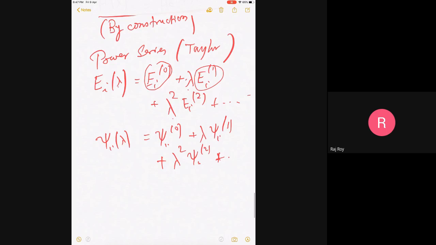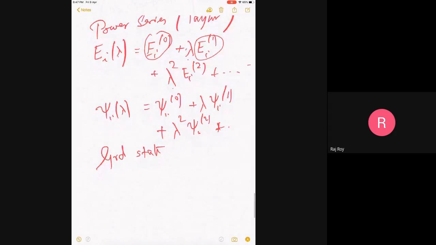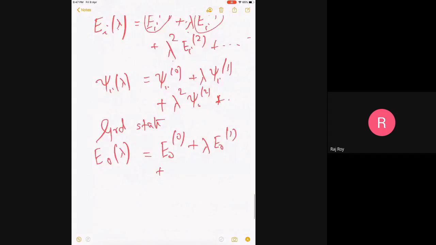Okay. In particular, I'm interested in the ground state. So let me write, in particular, E0 lambda is going to become E0,0, so I'm just putting I equal to 0, plus lambda E0,1, plus lambda squared E0,2, and so on.